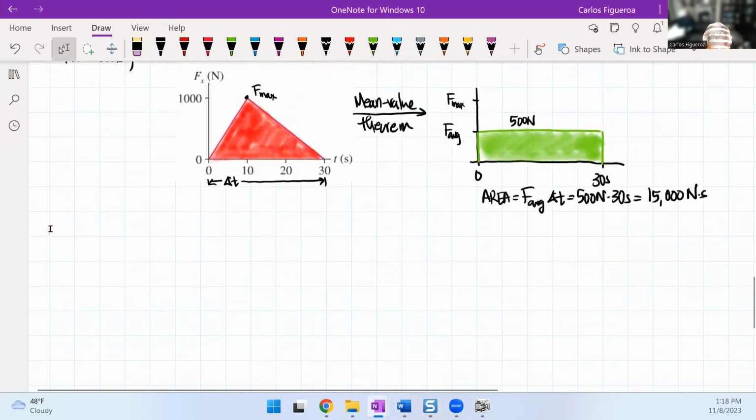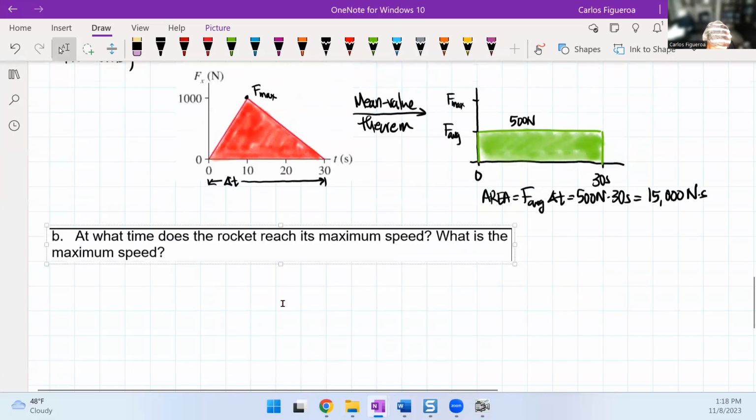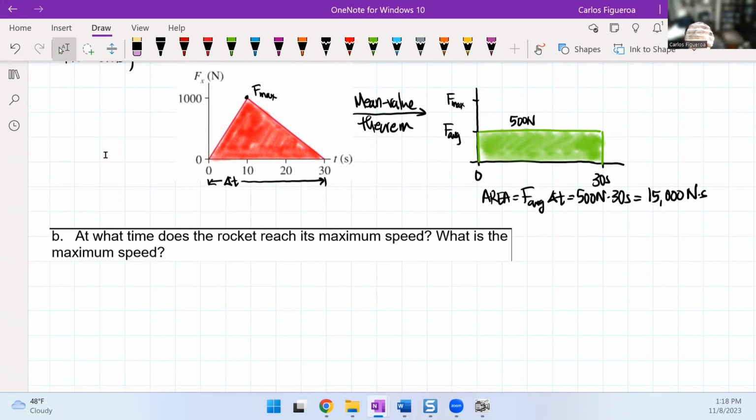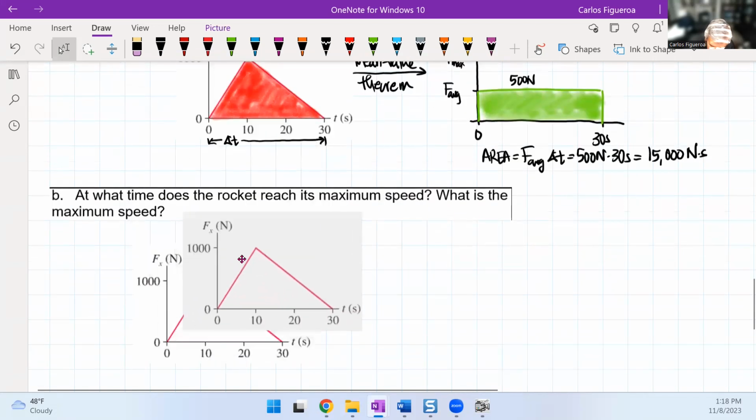And here's part B. It says, at what time does the rocket reach its maximum speed? So again, here's my curve.